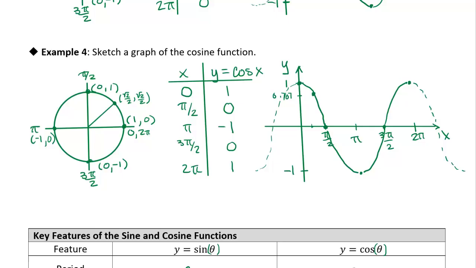So if I look at pi over 4, the cosine of pi over 4 is square root 2 over 2. But also the cosine of a negative pi over 4 is also square root of 2 over 2.